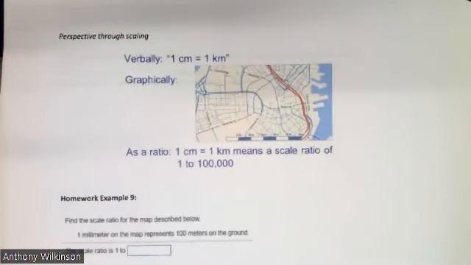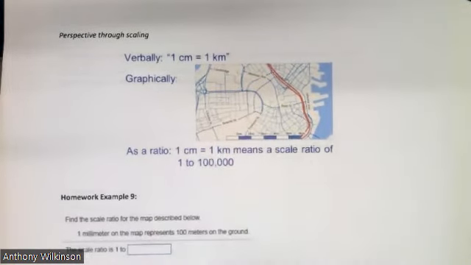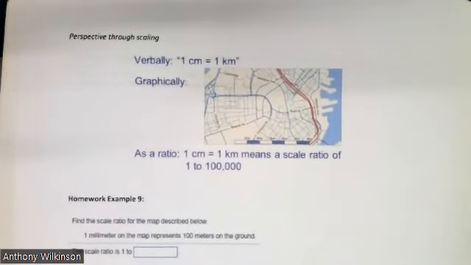All right, next we'll look at a perspective through scaling. If you've seen maps before, usually maps do have a scale to it. In this case, if we were to say this verbally, 1 centimeter is equal to 1 kilometer. 1 centimeter on the map would represent 1 kilometer in a real life situation.